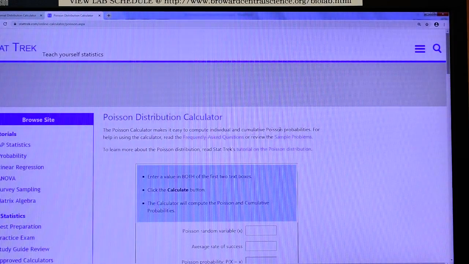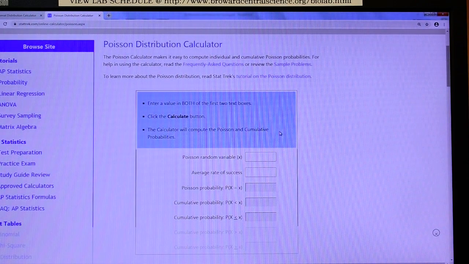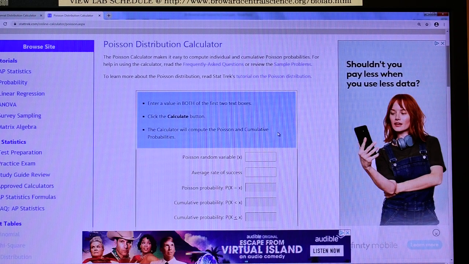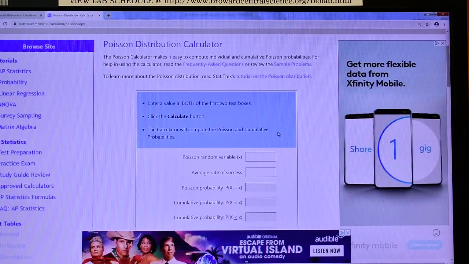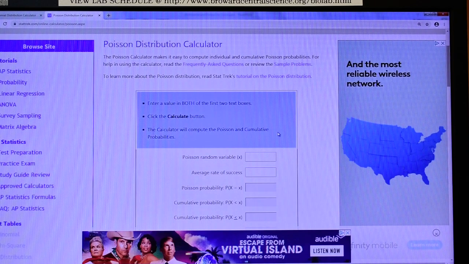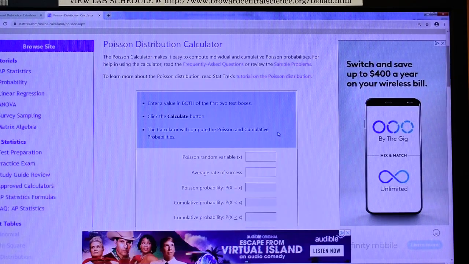By the way, there are also binomial calculators on this website. When working problems in this class, you should use the binomial calculator provided by Lane, and we'll use this Poisson calculator provided by StatTrek.